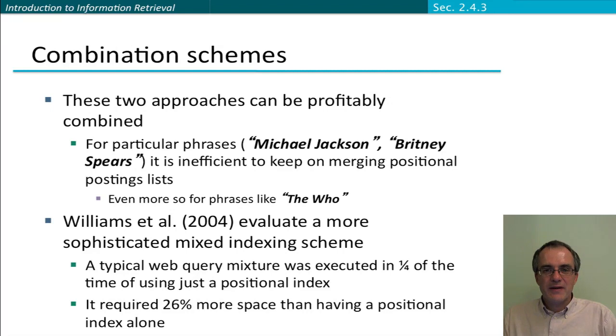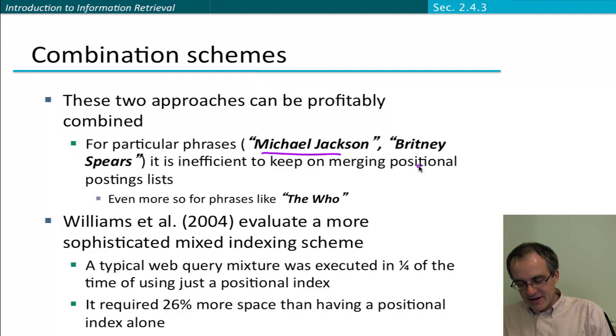When I mentioned byword indices, I said that they aren't a useless idea, even though they're not normally the solution by themselves. Let me come back to that. These two approaches can be very profitably combined. If you look at the query stream of high query volume services like web search engines, there tend to be some queries that keep turning up again and again, things like person names of popular people.